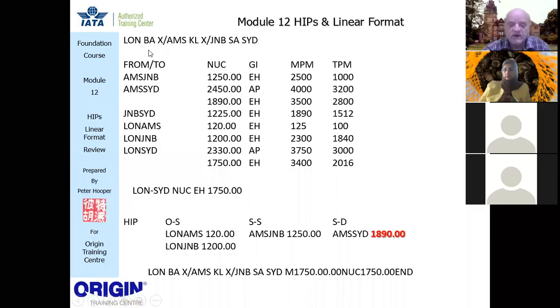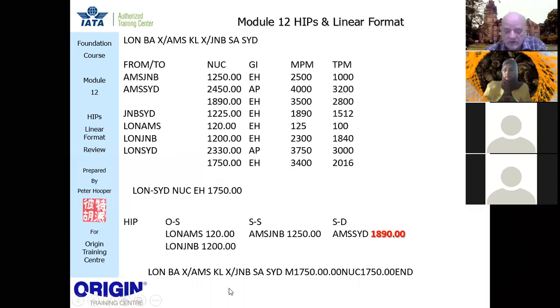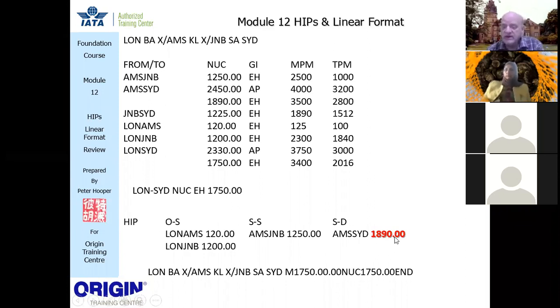Right, let's have a look at this one. London, Amsterdam, Johannesburg, Sydney. The fare Amsterdam, Sydney is 1890. But why am I charging 1750? Why am I charging the base fare? Why am I not charging the 1890? There is no stop in Amsterdam, no stop in Johannesburg.